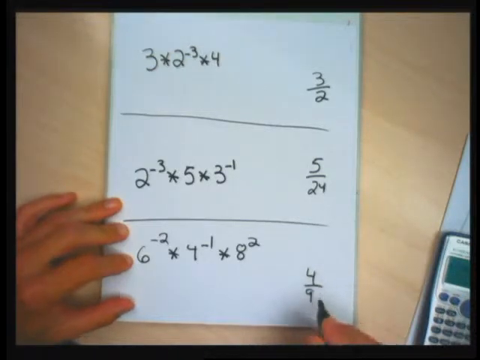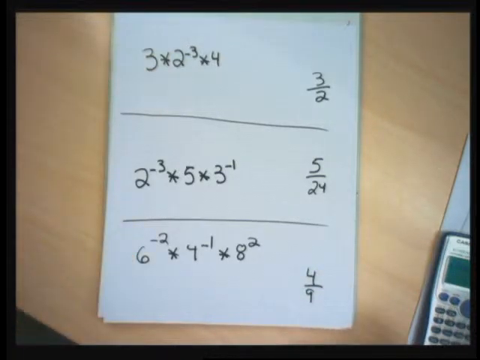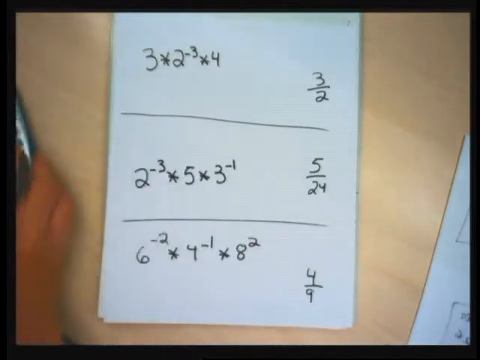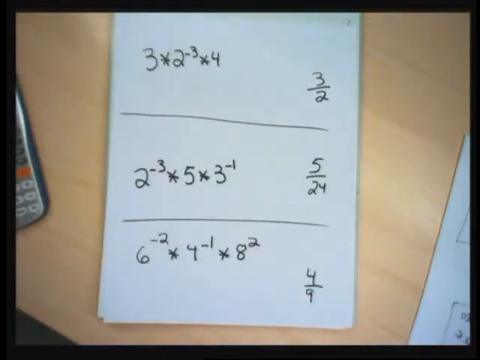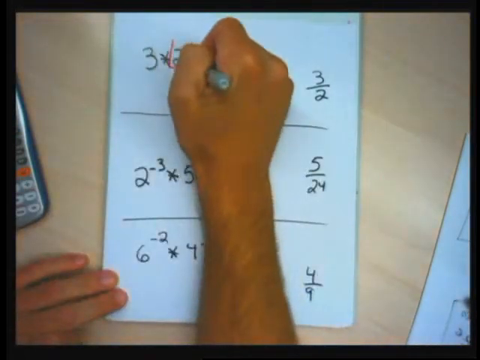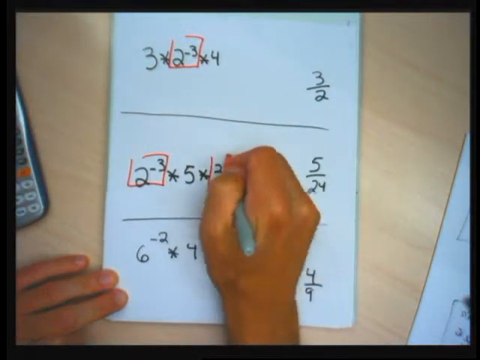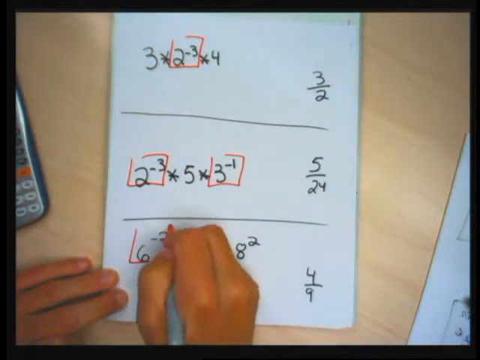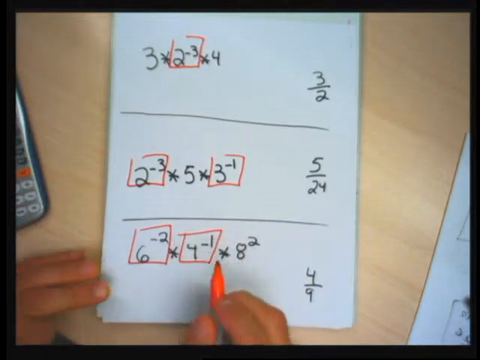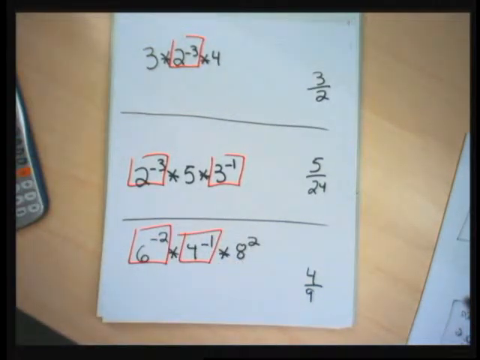So, question is, how could I get those three answers without using my calculator? And it's not that hard, actually. In these problems, I have no fractions and I have negative exponents. What I'm going to do for each one of these problems is create a fraction. And the thing that's going to work its way to the denominator is the term with the negative exponents.